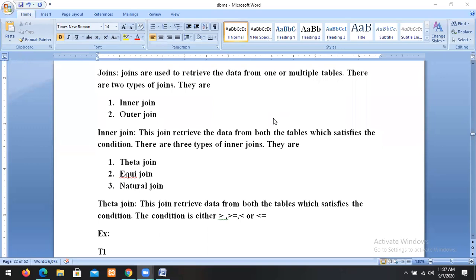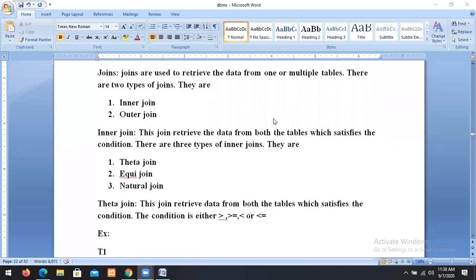When the condition has any one of these relational operators, then the join is said to be a theta join.